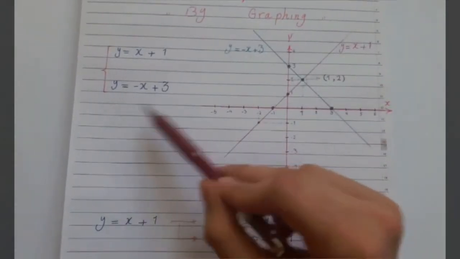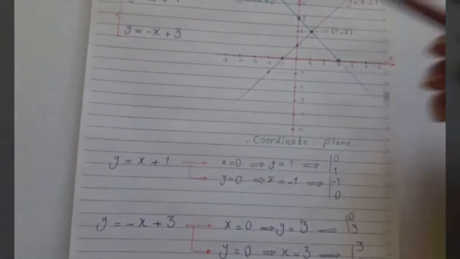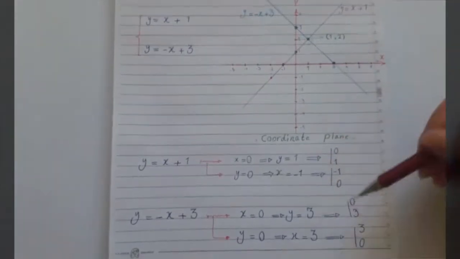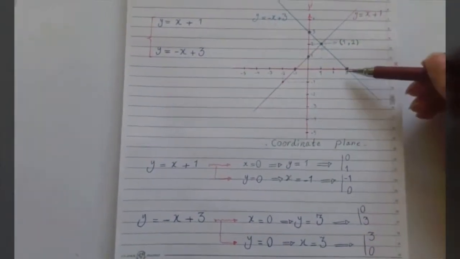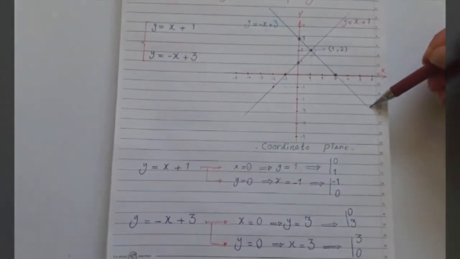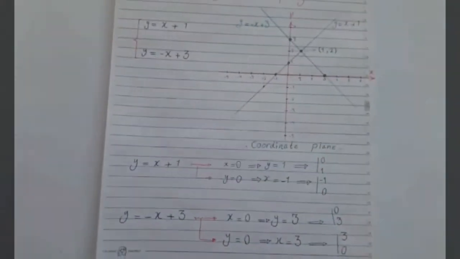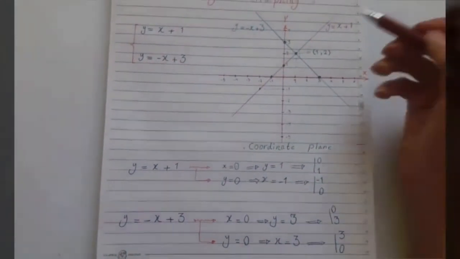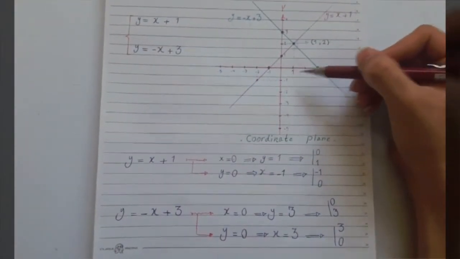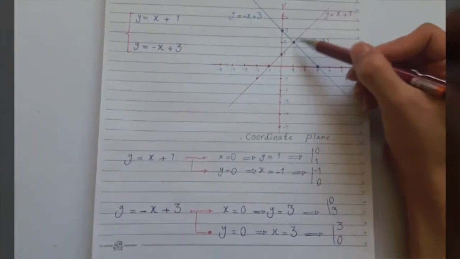And about the second equation, we have 0, 3, where x is 0 and y is 3, this point. And when x is 3 and y is 0, this point. And the line that will cross these 2 points is the related graph of this equation, okay? As you are seeing here, the intersection point is where x is 1 and y equals 2.